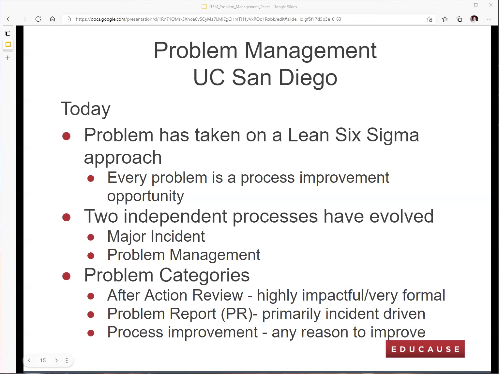You categorize it as a process improvement problem ticket, which sort of confuses people, because why is process improvement a problem? It's just the module that's being used. So we try not to get hung up on the name, but it's basically a process improvement effort. Next.